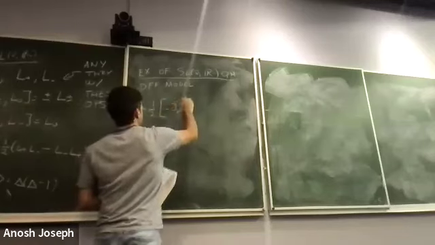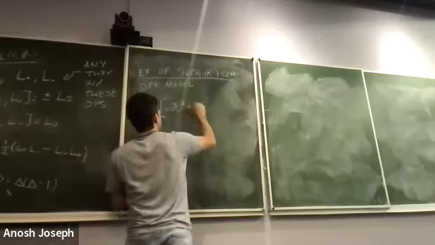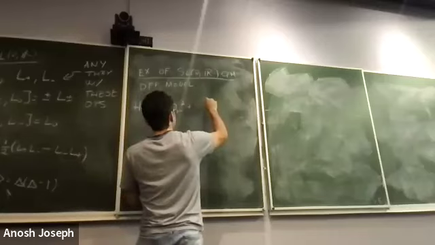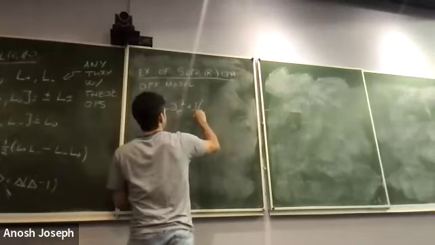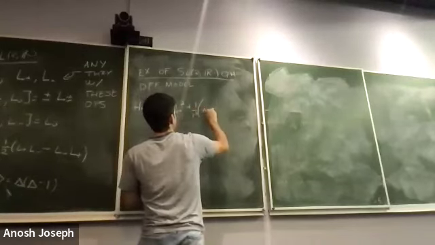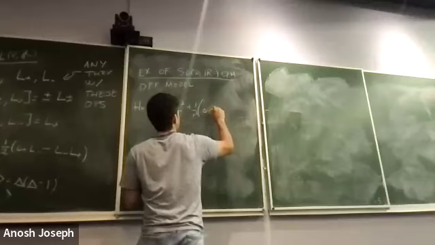It is the simplest SL2R invariant quantum mechanics that I've ever seen. And nevertheless, it's very illuminating to study. So it's just one degree of freedom. And we write the Hamiltonian like this.